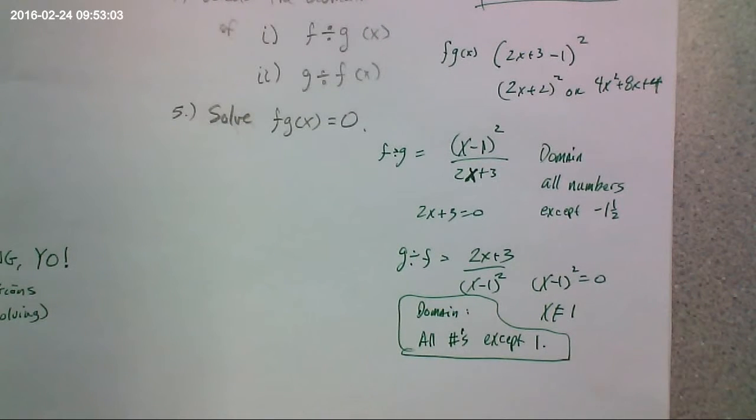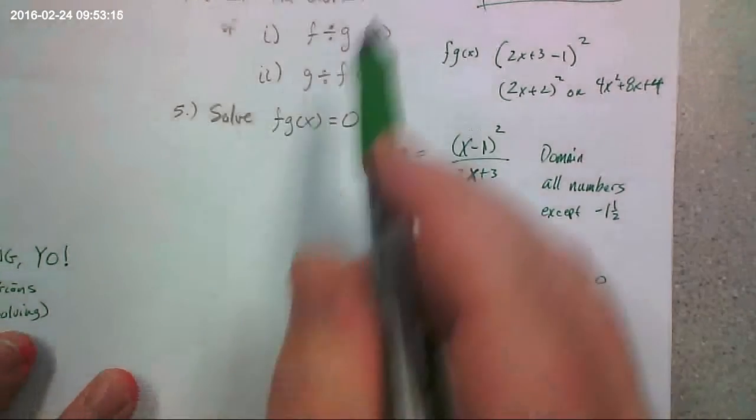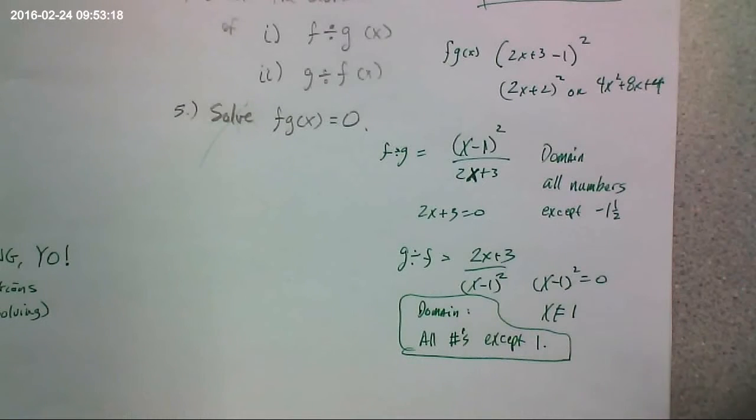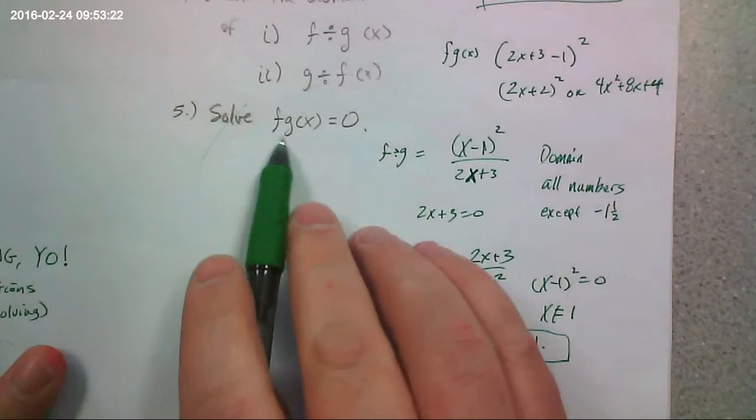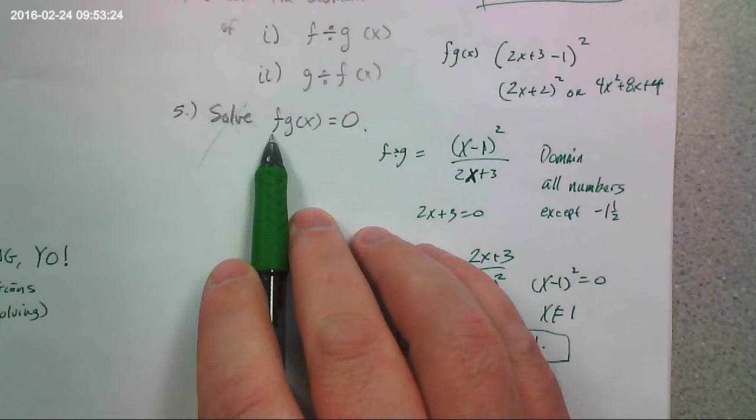All right. So, George, it makes me upset that you skipped number 5. Here's why. You're going to get problems on a test that you've never seen written that way before, but you know the information you need to do it.